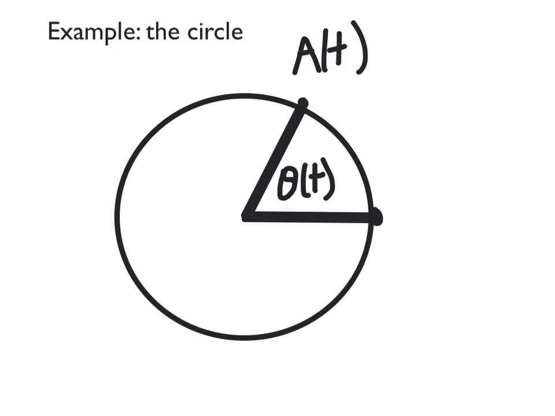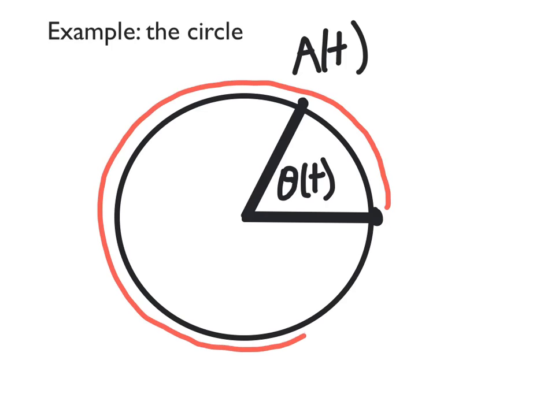So, okay, if I've got a path like the one we started looking at that just goes around the circle once, then you might detect the fact it goes around the circle once in the following way.